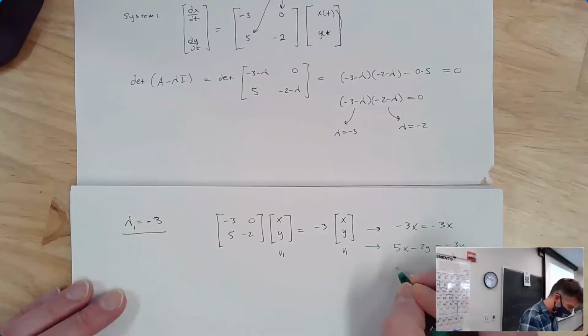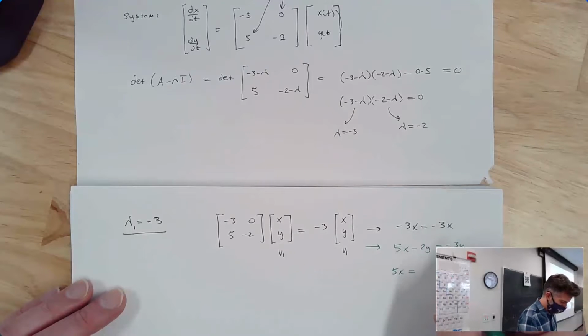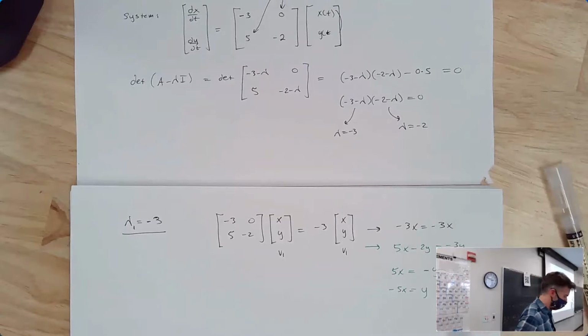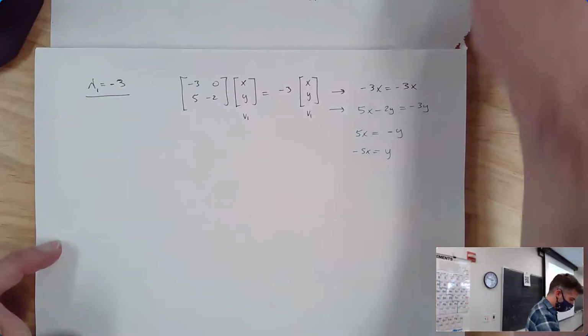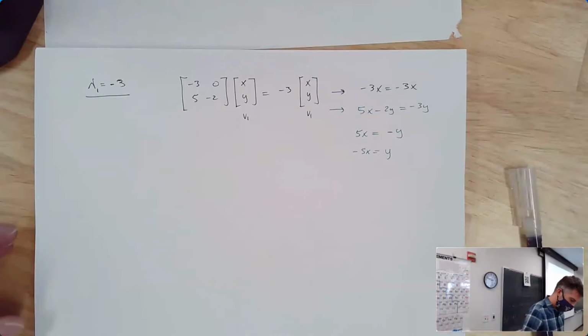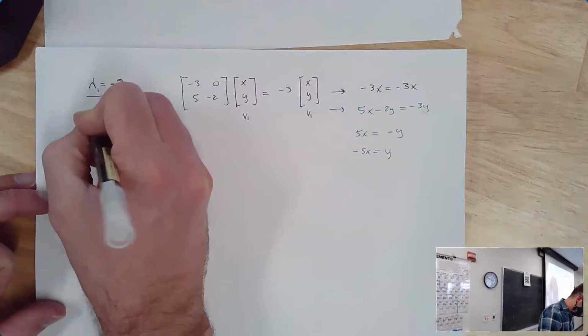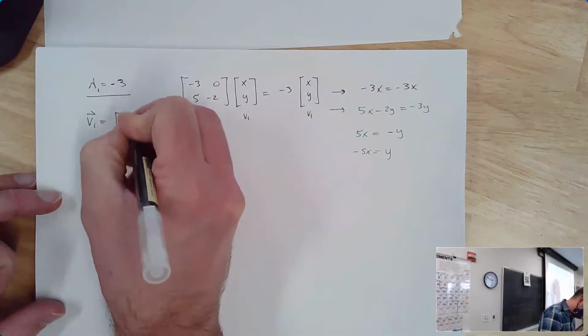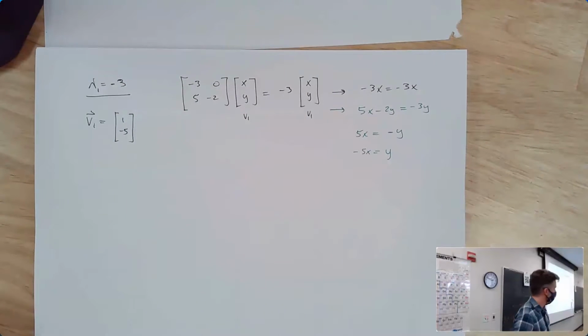Then we have 5x equal to negative 2 plus 2 plus negative 3 is negative y. So I would say that y equals negative 5x. Then x is 1 and y is negative 5. Let's check to be sure.